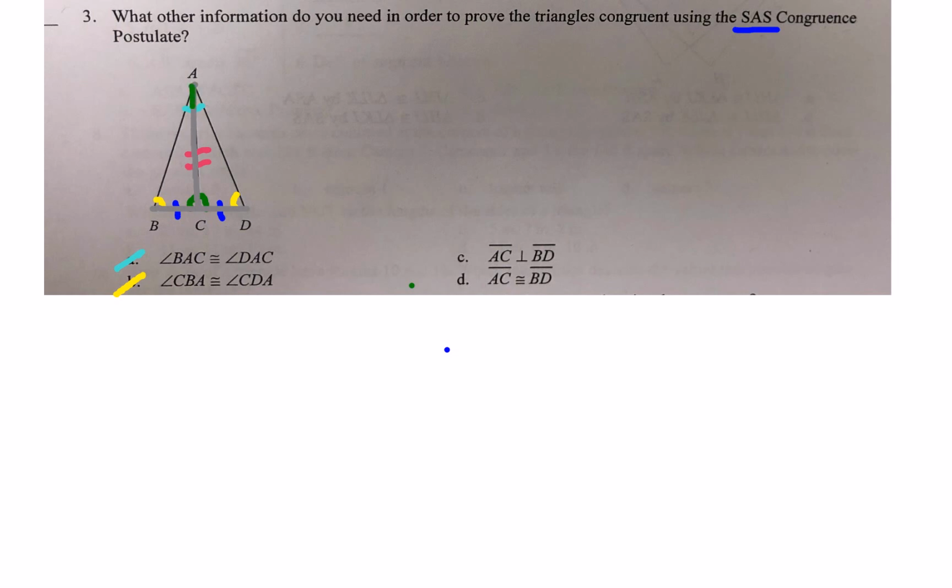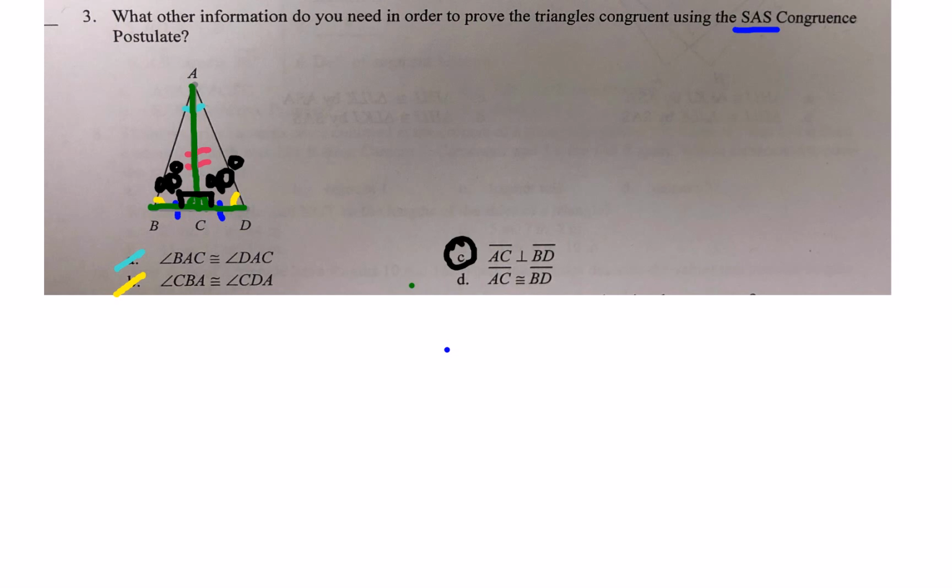Okay, this line is perpendicular to this one. So if those two lines are perpendicular, then I have two right angles right here. And if those two are right angles, then every one of them is 90 degrees. And this one is 90 also. So those two angles are congruent. So C is my right answer.